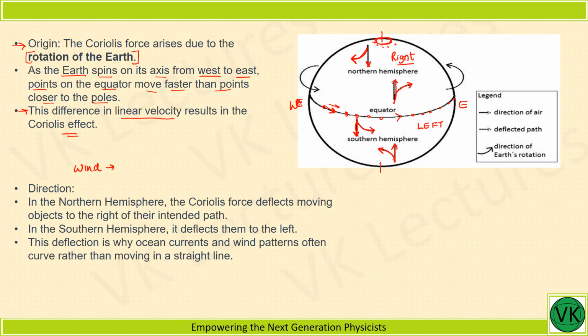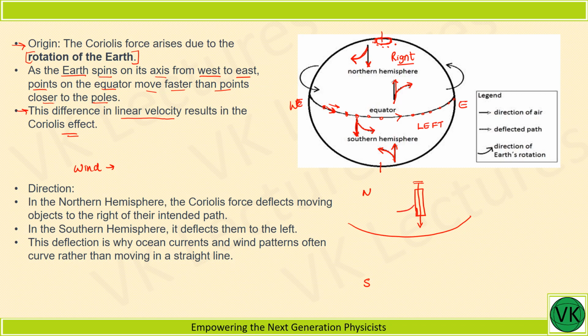For example, here we have talked about the wind. Now suppose an airplane, this is the northern hemisphere and this is the southern hemisphere, is moving in this direction, from higher altitude to the equator region, it moves towards its right. What is its right?